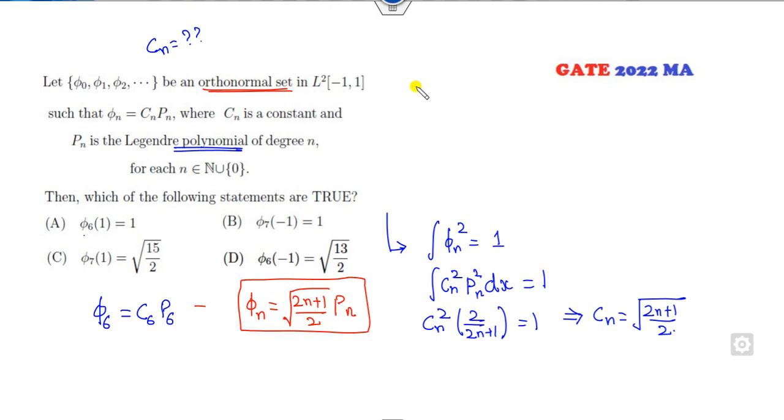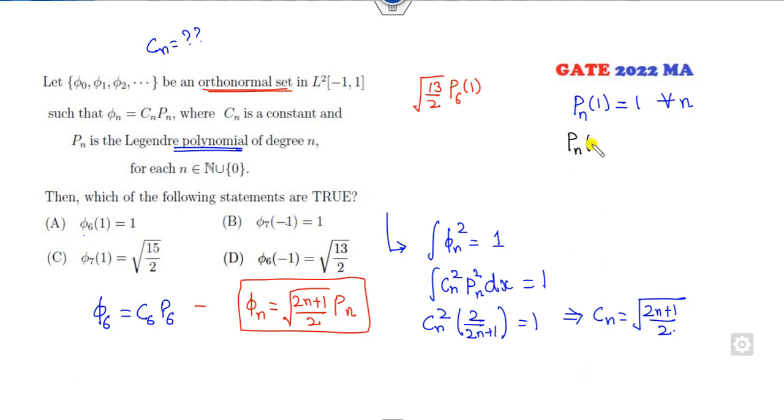So I can write here, first is phi of 6. So phi of 6 will be 13 over 2 of P6. Okay, what is P6? You all know P of n at 1 is 1 for all n, but we also need it at minus 1.